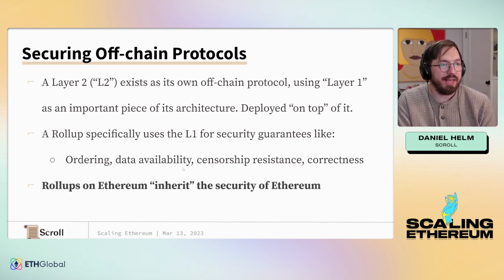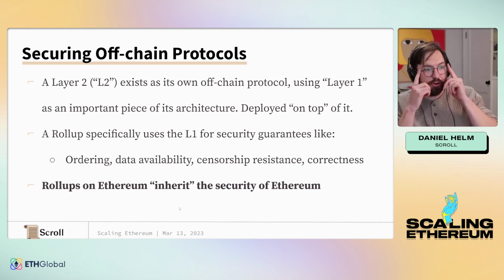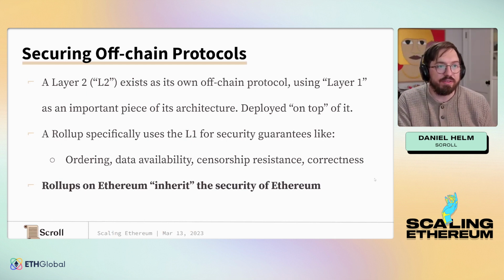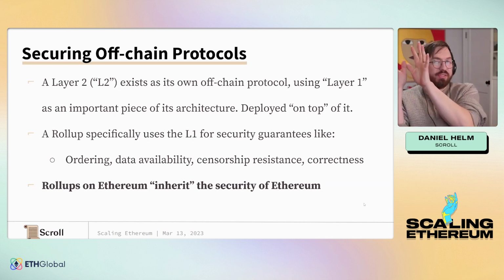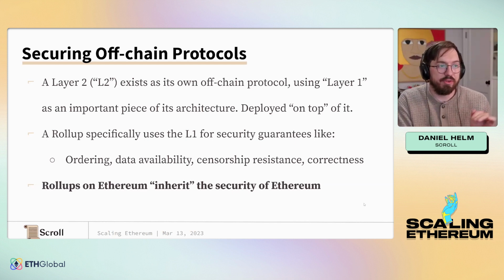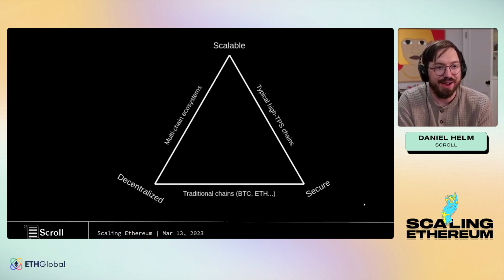But the key insight here is that when we talk about rollups on Ethereum, what we want to do is inherit the security of Ethereum. And that's the word that gets used. By taking all of these security guarantees, we get to outsource them from the perspective of the off-chain protocol and rely on Ethereum to take care of these things. And so what that looks like in our triangle here is that we get Ethereum to lock down our security side.